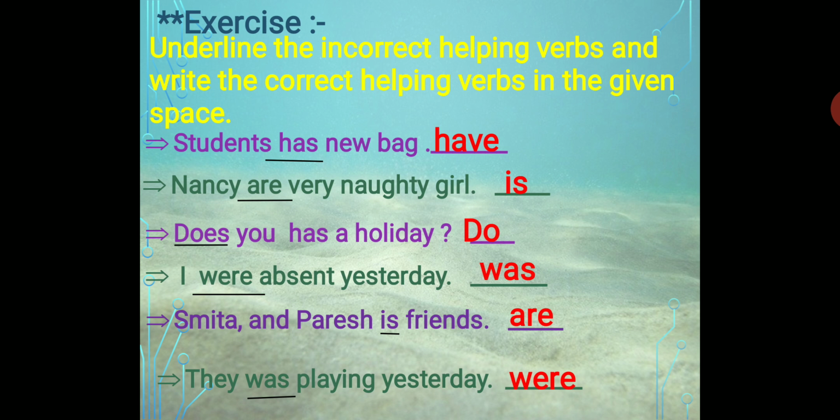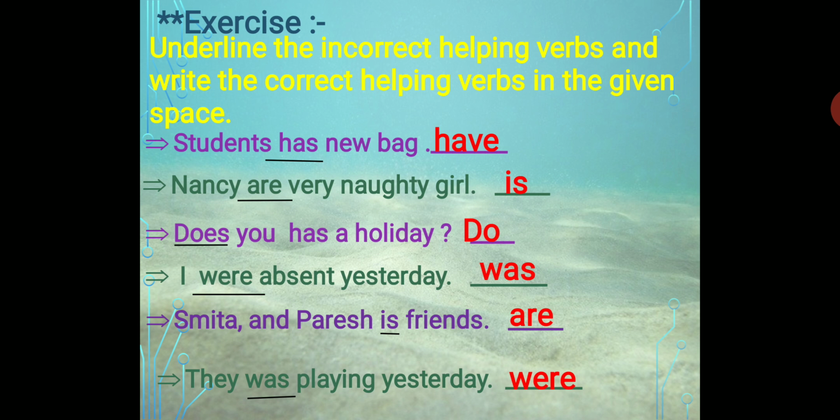Were. This is the way you can understand how to attempt this kind of question. You just have to underline the wrong helping verb and write the correct form of the helping verb in the given space.